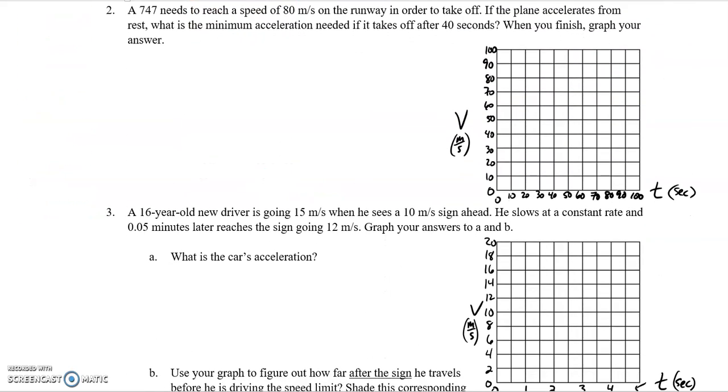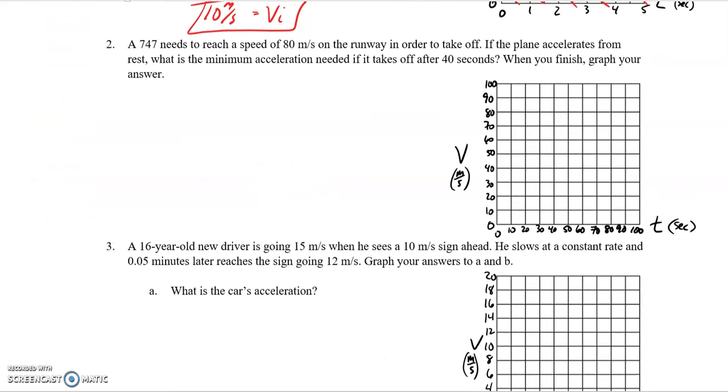Next question. A 747 needs to reach a speed of 80 meters per second. That's VF. On the runway in order to take off, accelerates from rest. That's our initial velocity. What acceleration are we looking for to take off after a time of 40 seconds? So VF is 80, VI 0, A is what we want, T is 40.